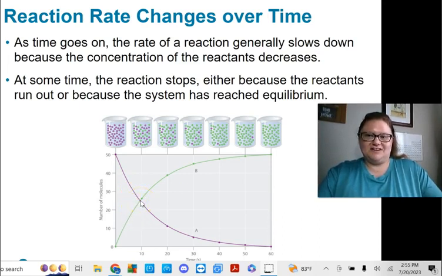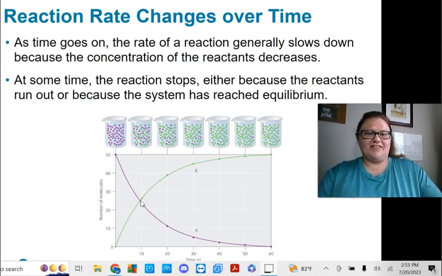We have an intersection here, and that's where we have equilibrium. Equilibrium is not saying that we have the same amount on each side necessarily. What it's saying is the formation of products and the formation of reactants are occurring at the same rate at this moment.